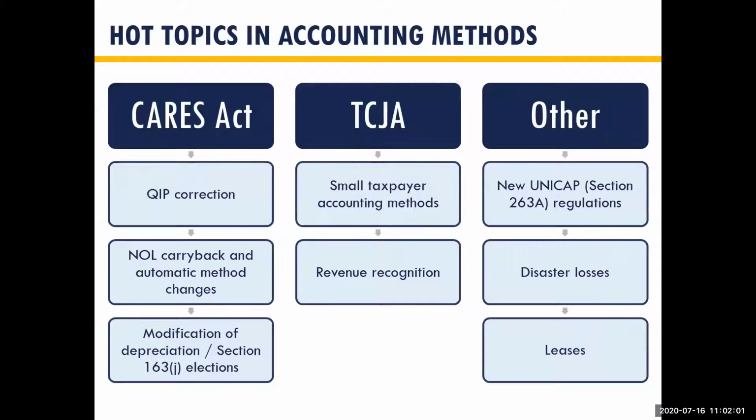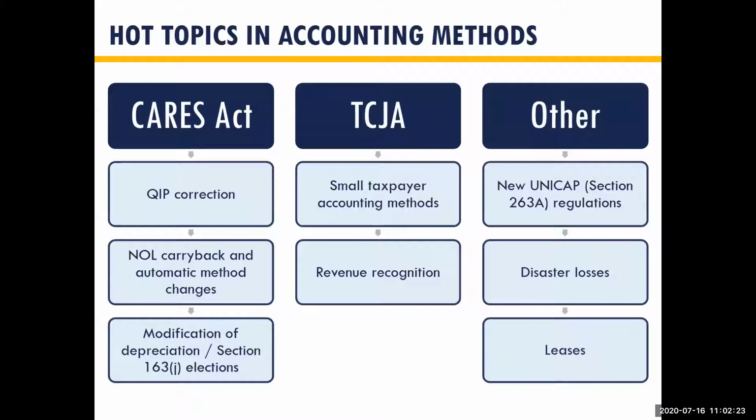So for example, in the CARES Act, we have the QIP correction, we've got people claiming misdepreciation, we've got some people looking at the NOL carryback rules, 163(j) elections. We're still getting questions on small taxpayer accounting methods, and then the new GAAP revenue recognition standards and the new RevRec rules in the TCJA.